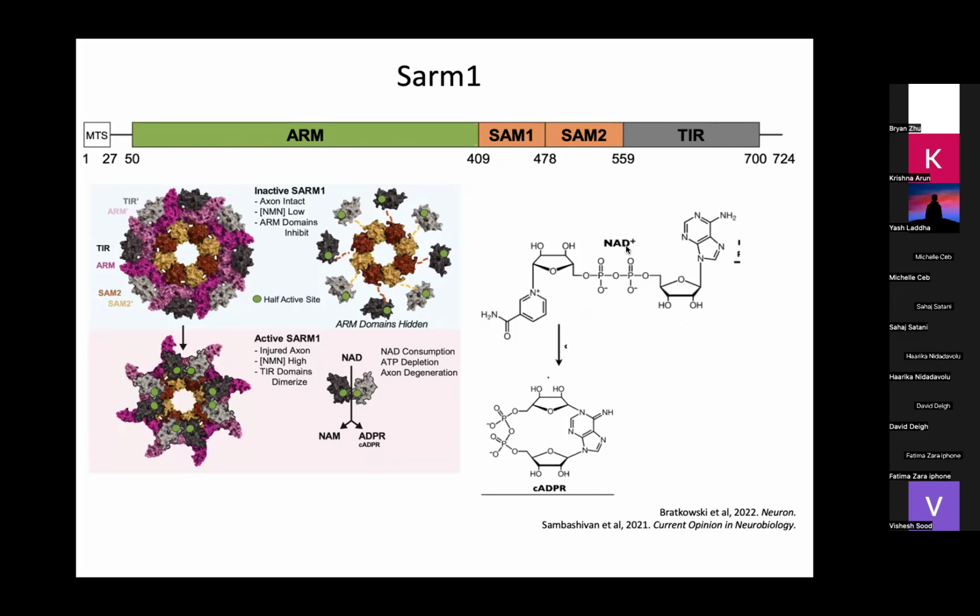It's an enzyme that cleaves NAD, a really important metabolite that's involved in energy, and it generates this interesting looking molecule called cyclic ADPR. Okay, that's its function. Before paclitaxel, or before cutting, SARM1 is in an inactive state, which is shown here. And then following injury, it changes to this very different looking active state.